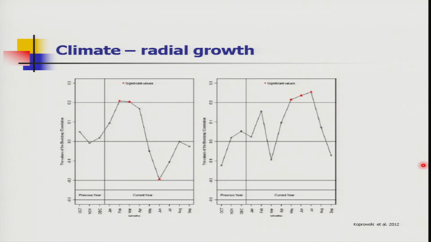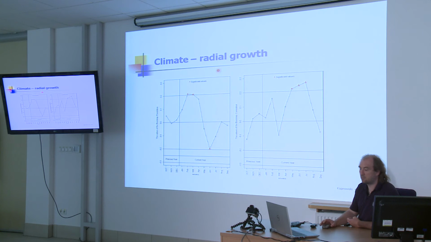The classical dendroclimatological analysis produces correlation coefficients between growth index and climate variables. On the left we've got temperature, on the right we've got precipitation.